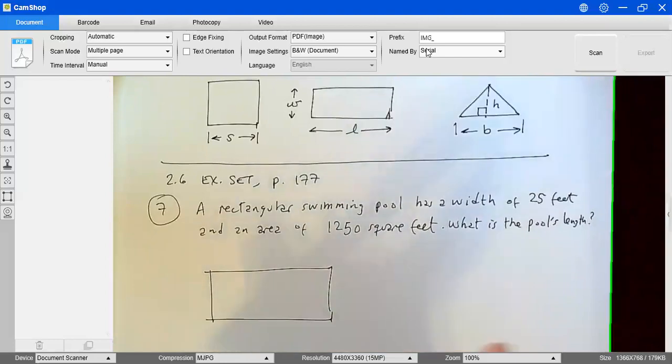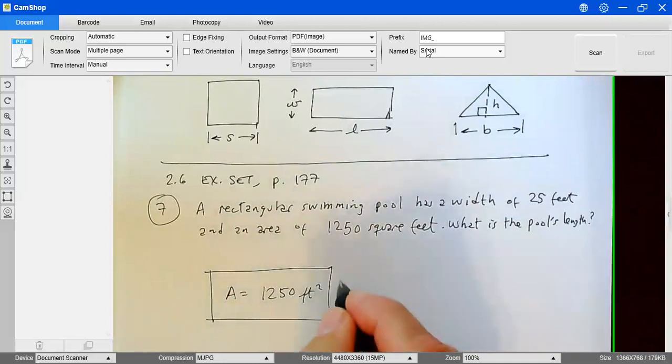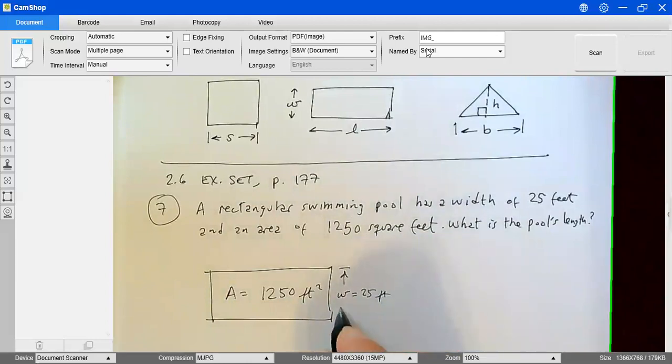The area is just 1250 square feet. You know that the width is this one, that's the width, and that's 25 feet. And the length goes from here to here, and that's what we want to know.